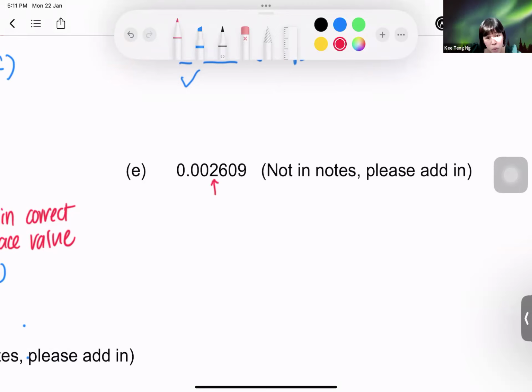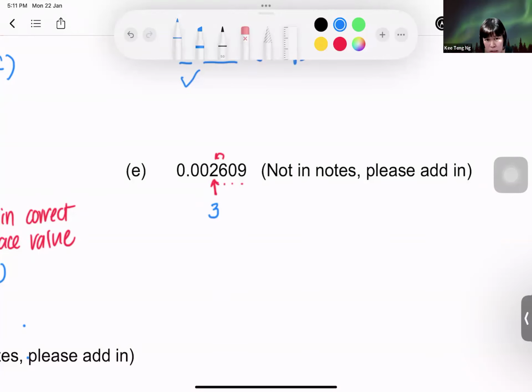After which, all my numbers at the back are considered significant, even if it's 0, 1. But now I want to round off this number to one sig fig. So I look at 2, but the number beside it is 6. This is more than 5. So I need to round it up, and it becomes the number 3.